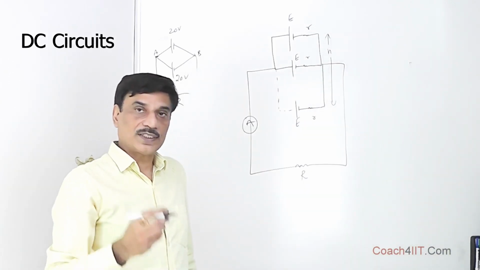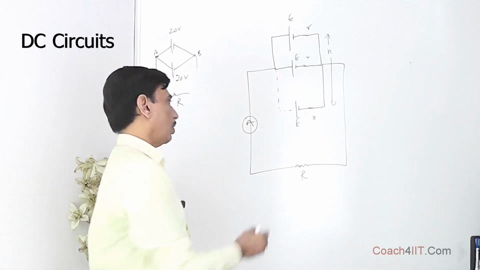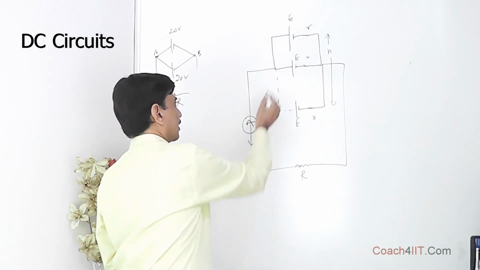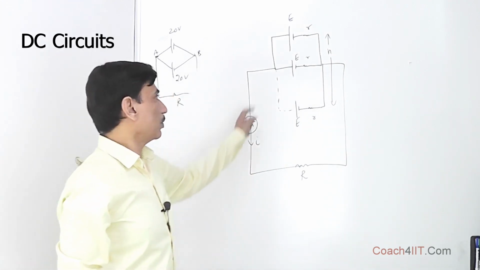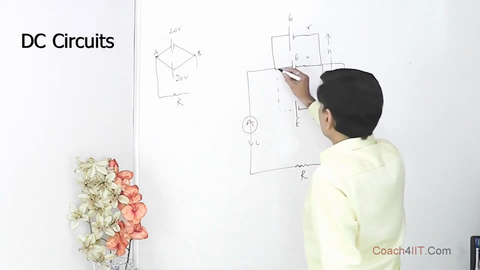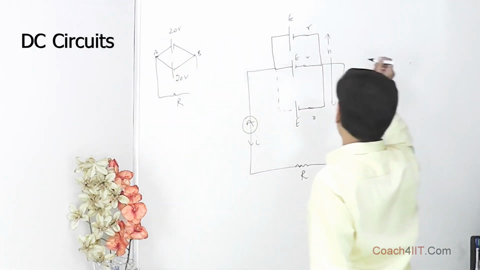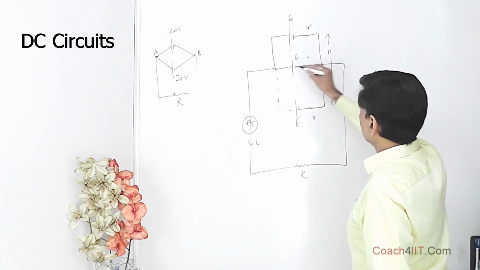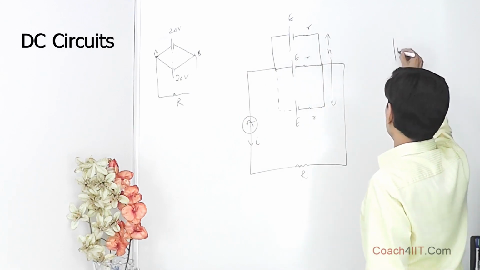Now we have to find out what is the current which shall be flowing in the circuit, or that is what is the meter reading. Obviously the conventional current shall be flowing in this direction because these terminals are positive terminals. As far as E is concerned, going by this logic, the potential difference across this is once again going to be maintained as E only.